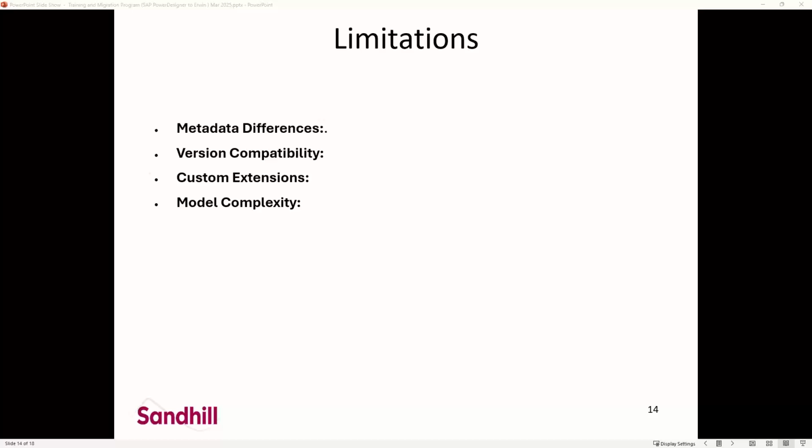And model complexity. When you build models in PowerDesigner, you have the ability to do model generations. So you can generate multiple physicals from one logical, or you can generate multiple logicals, and then those logicals can generate multiple physicals.